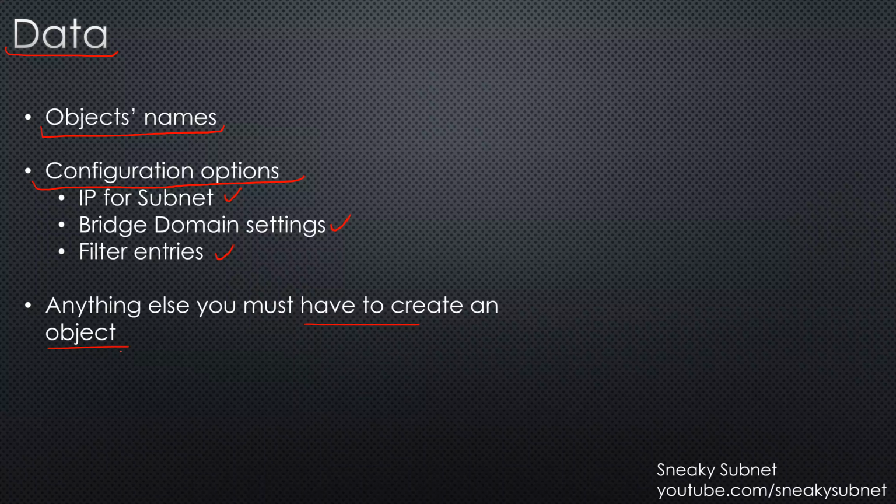Again, there are lots and lots of objects inside ACI, so you have to understand which settings are essential for them. So for example, if you want to create lots of bridge domains, probably you will create a file with all those settings. Again, there would be a name column, maybe an IP column, maybe an ARP flooding column.